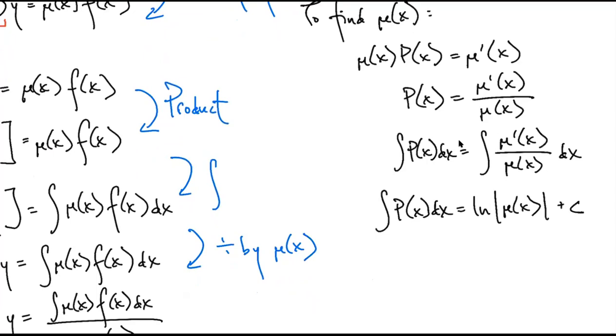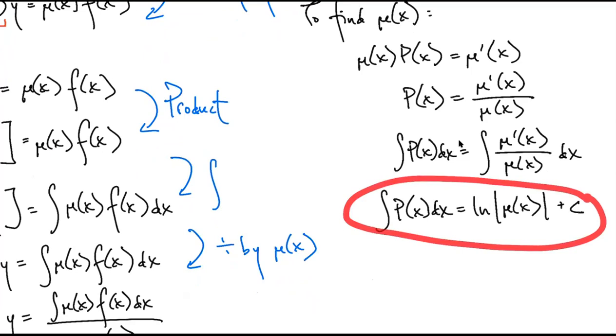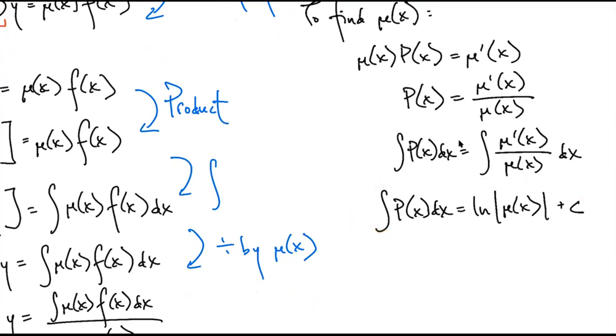Now I know that yesterday I said we really don't need to have explicit solutions for everything, but there are some times when it's handy to. And so my question to you is, how can I solve this equation for mu of x? Because that's what I want to find, right? I want to find that magical function that I can multiply through. So how do I get mu out of the natural log?